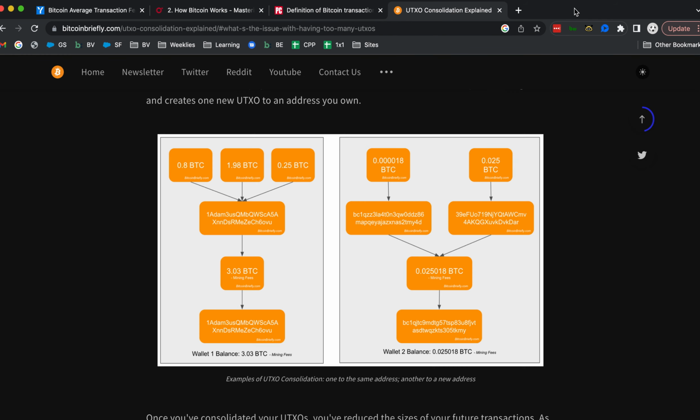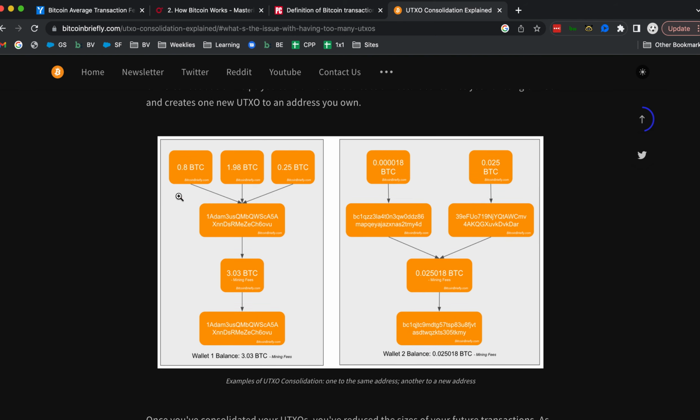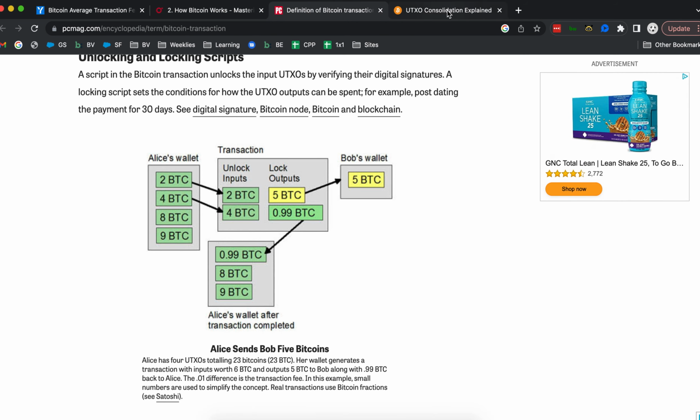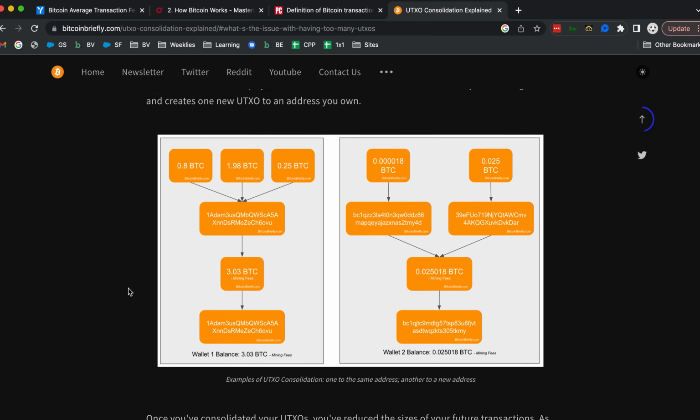So here's a nice image from Bitcoin Briefly that shows how this consolidation might work. On the left, similar to the Alice scenario, you may have 3 separate Bitcoin transactions. What you want to do is send the sum of these transactions, minus the mining fees, to another wallet. By sending the sum total of them, you're actually consolidating this back, just like in Bob's case, into a single unspent transaction.